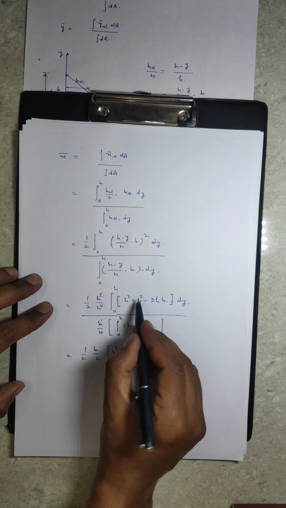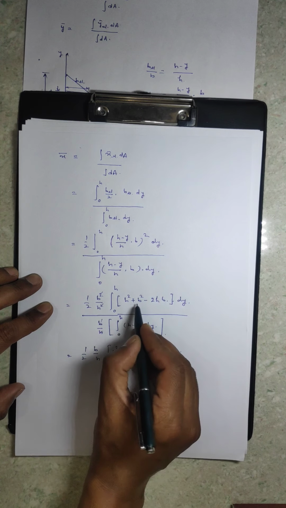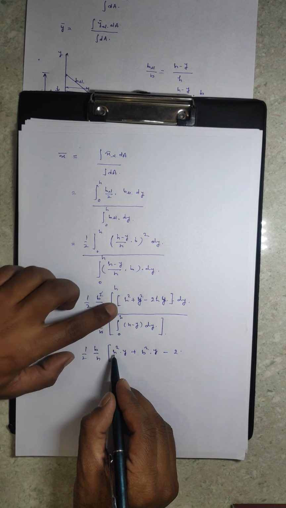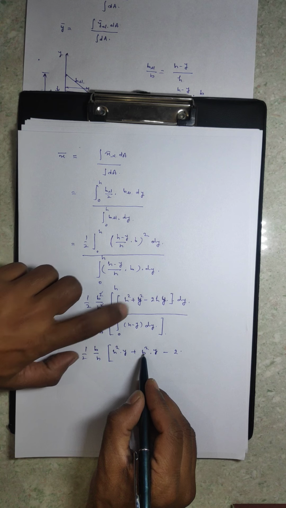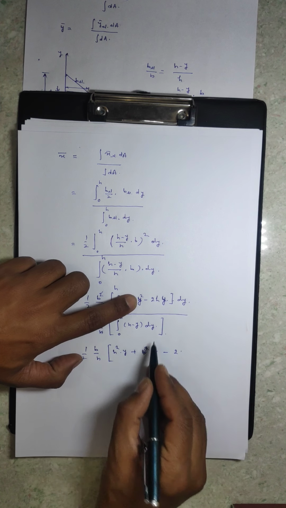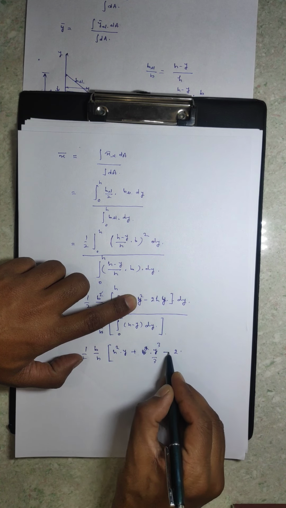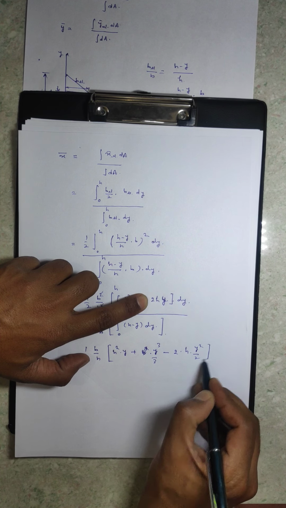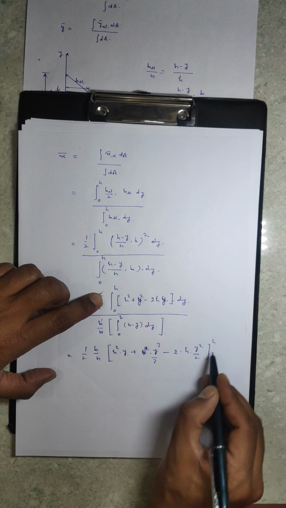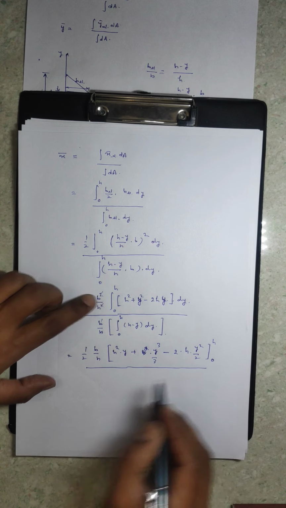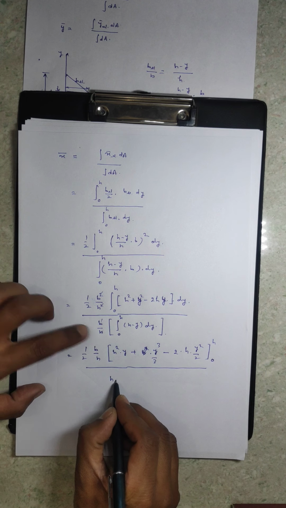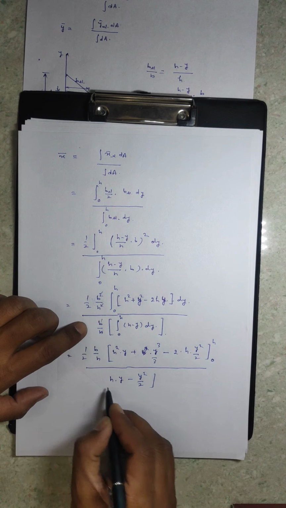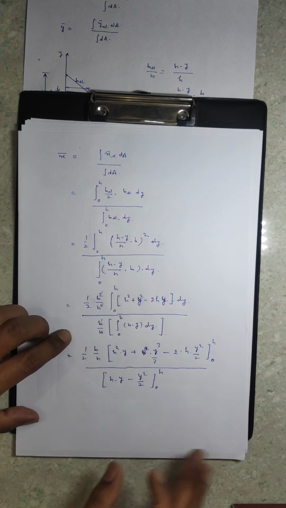This is not b square, this is y square, (h minus y) square, so h square plus y square minus 2hy. So we can write h square y plus y cube by 3 minus twice h y square by 2, limits 0 to h, divided by h into y minus y square by 2, limits from 0 to h.